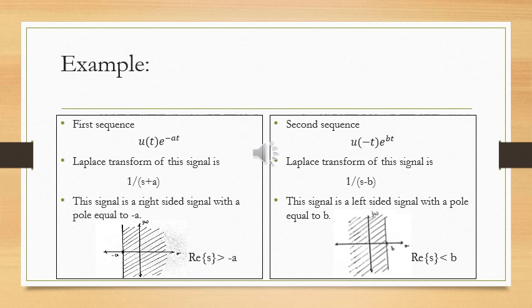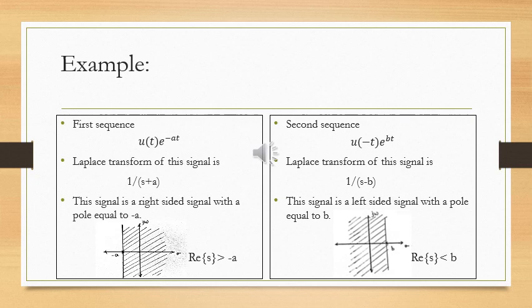Consider an example to understand the fifth property. Let us consider a signal e raised to minus at u of t. Is this a right-sided signal or a left-sided signal? Definitely it is a right-sided signal since we have the u of t term.